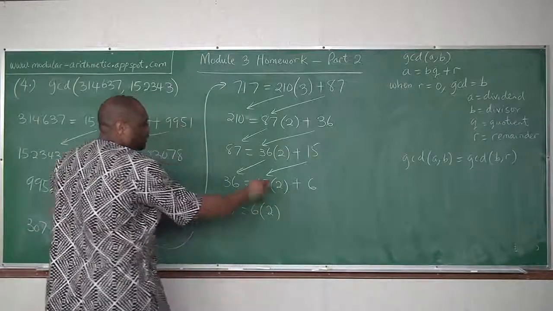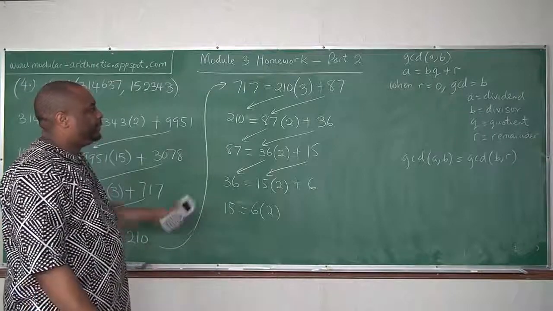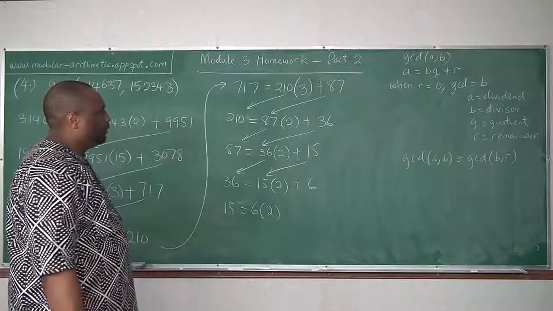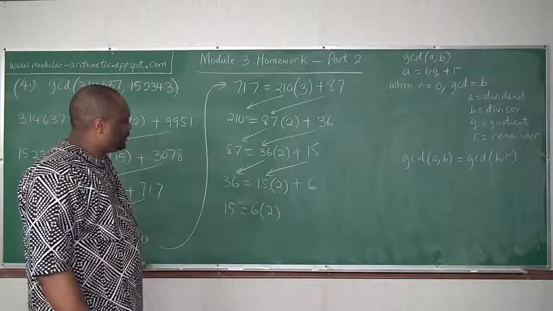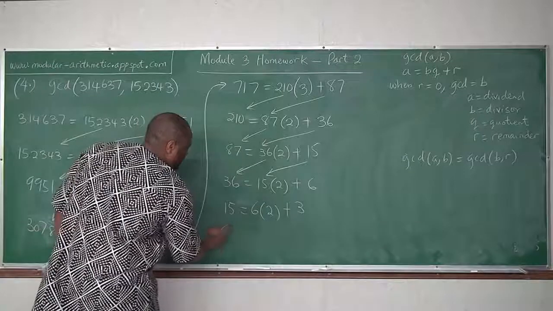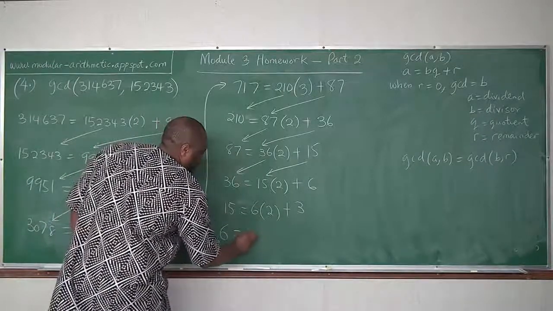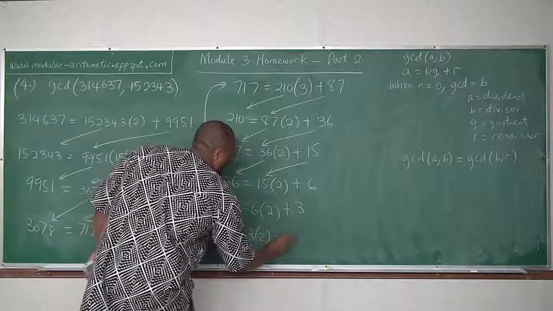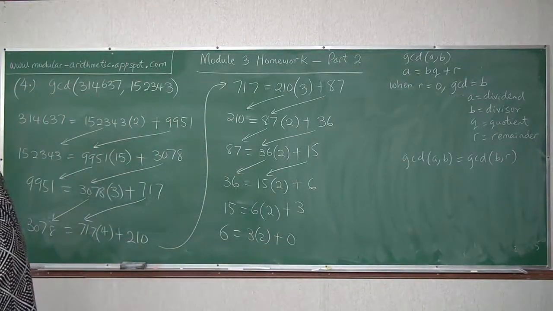At least you know how these arrows go. And then 6 will be 3 times 2 plus 0.